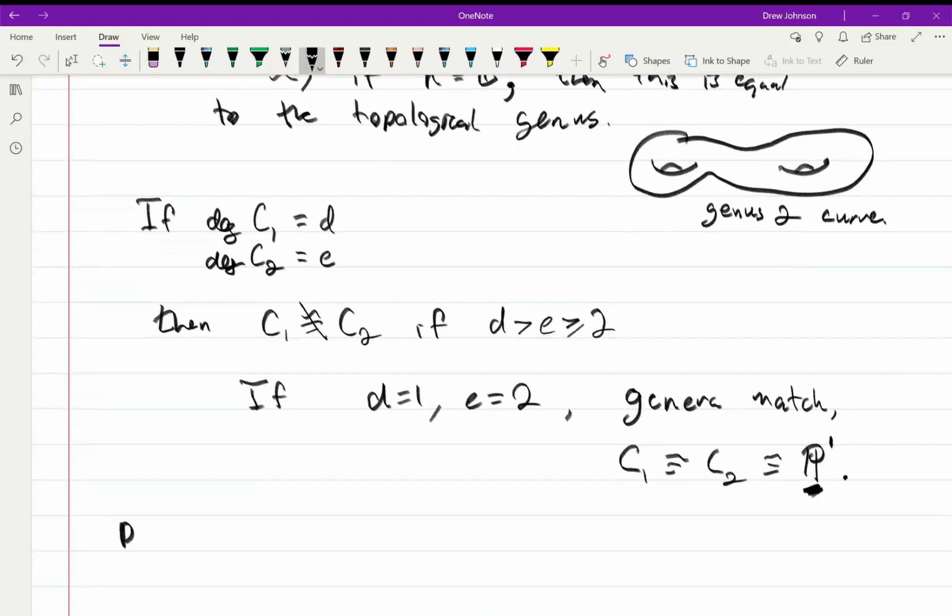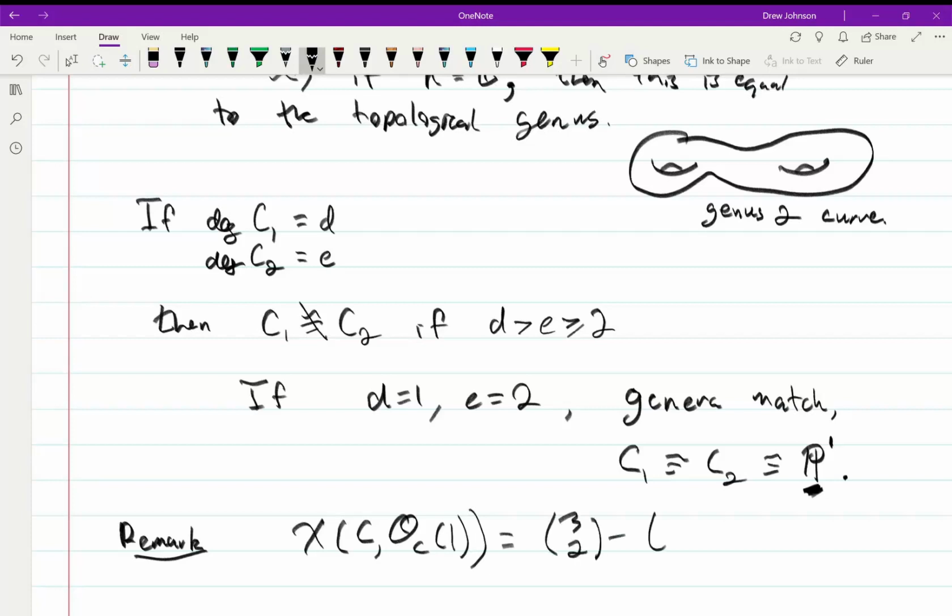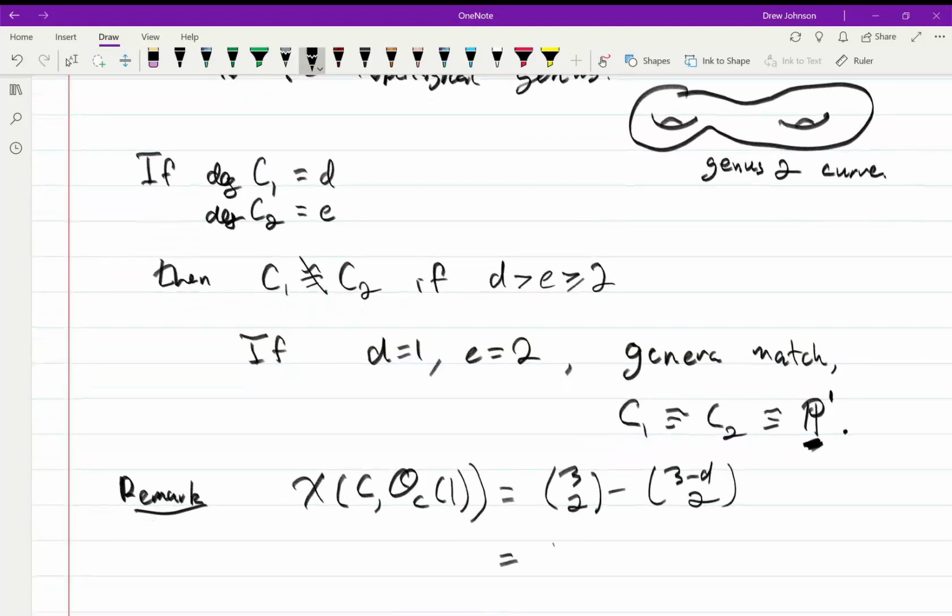Okay, let me make one more remark, just something to be a little bit careful of. So in the same situation, let's look at the Euler characteristic of O_C(1), where this is the twisting sheaf O(1) restricted to the curve. If you plug that into our formula, you can check this, and it simplifies to (d^2 + 5d)/2.